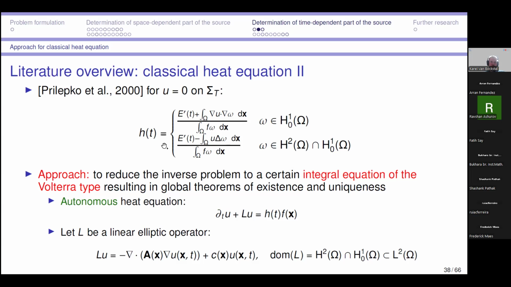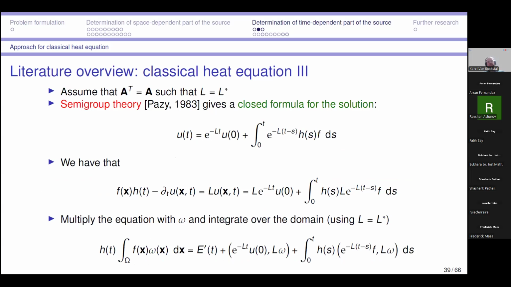In the case of an autonomous operator, as before, so a time-independent coefficient, the problem can be reduced to an integral equation of the second kind, a Fredholm equation of the second kind. So starting from the closed formula of the solution and from the PDE, we can apply L on u.